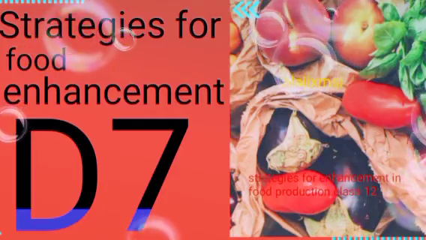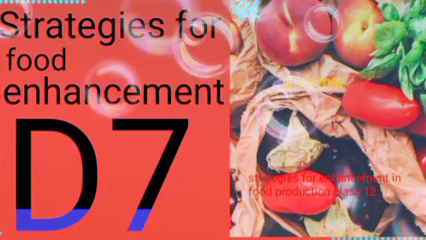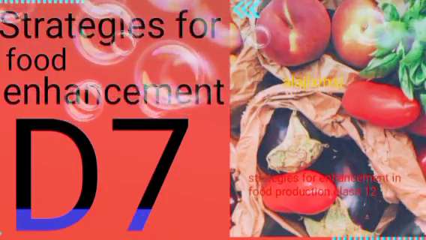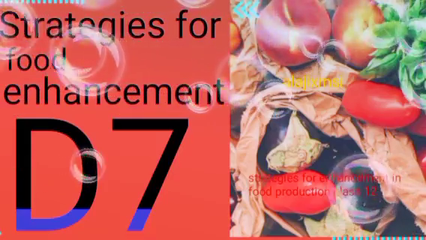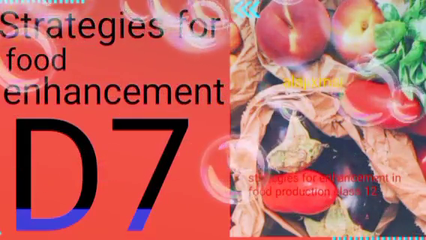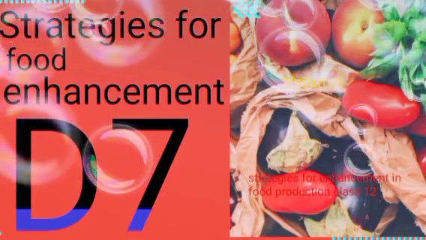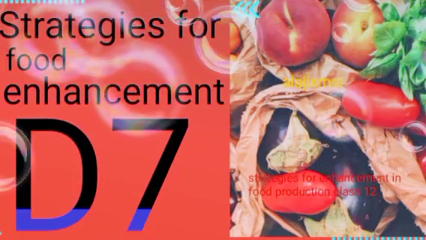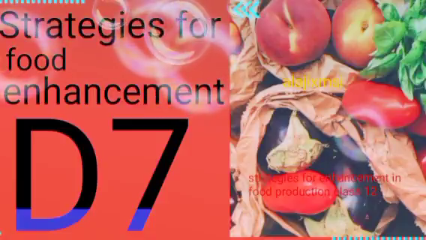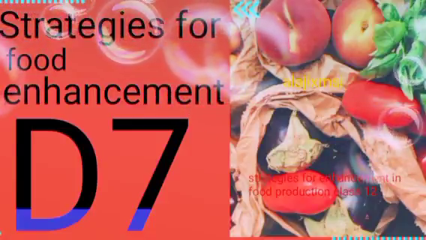Third, cross hybridization among the selected parents. Revise this quickly. Desired characters have very often to be combined from two different plants, that is dash dash.